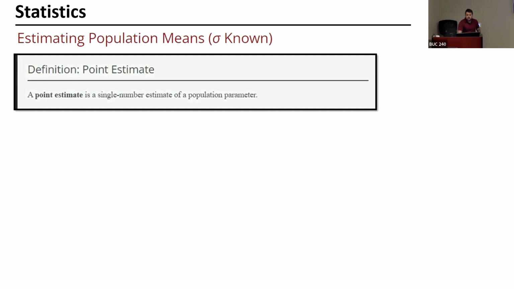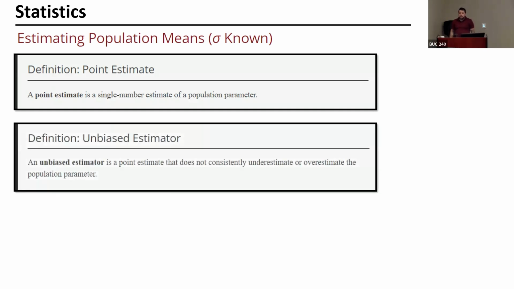Point estimate. You need to remember this. A point estimate is a single number estimate of a population parameter. We also call it an unbiased estimator. An unbiased estimator is a point estimate that does not consistently underestimate or overestimate the population parameter. For us in this chapter, it's going to be the mean.